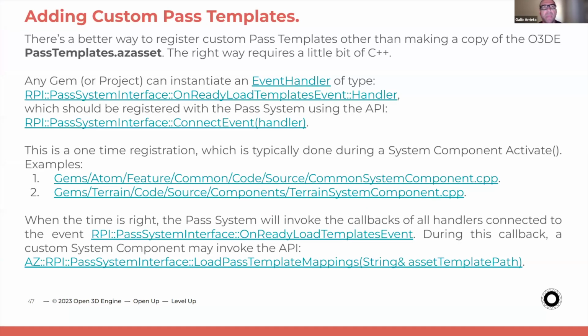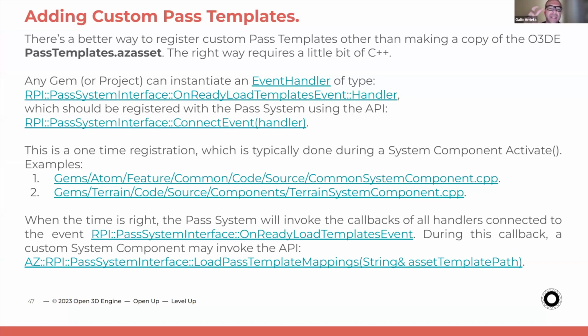And basically, the first part of writing C++ is going to help us in one thing. In the first part of the presentation, we had to copy the file called the pass template file that comes with the renderer into our project.